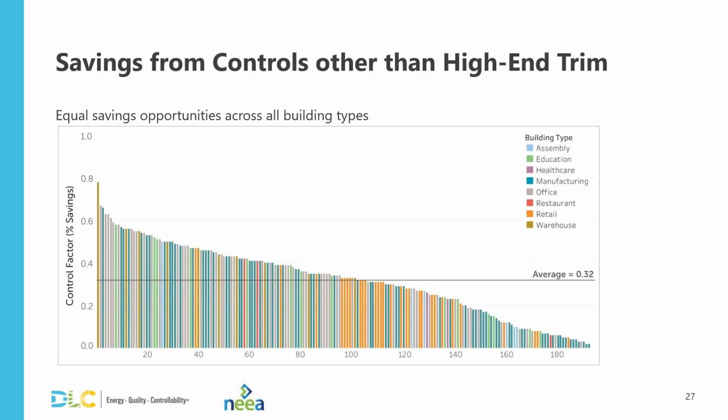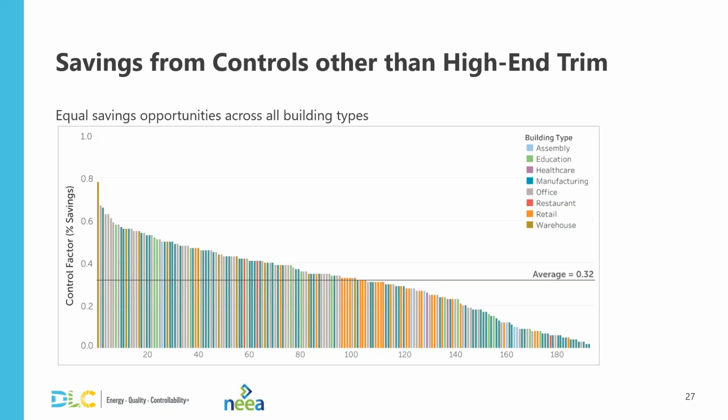Now let's zoom in on the savings from these other control strategies across the 194 buildings, i.e. only the orange part of the previous chart, except now we sort the chart by the amount of energy saved and color-coded by building types.